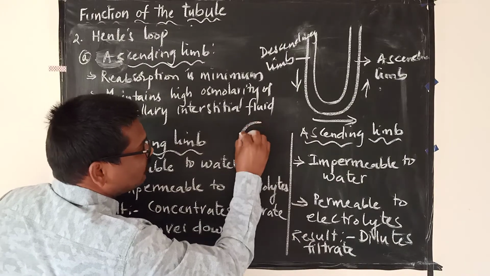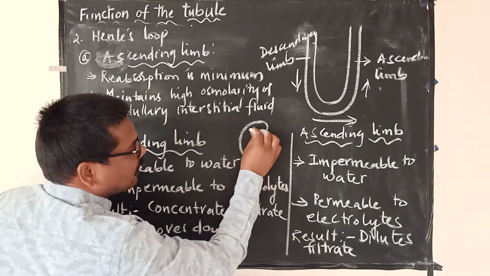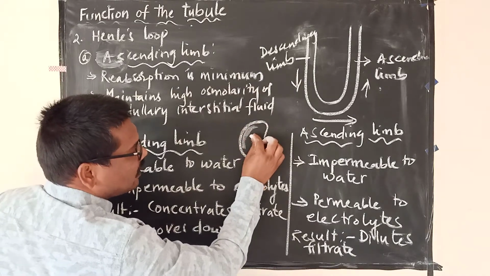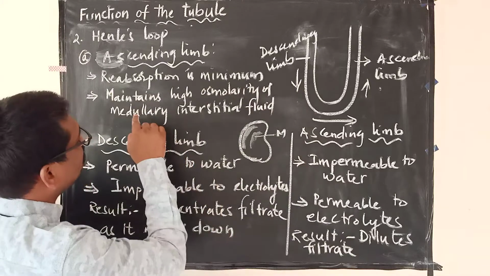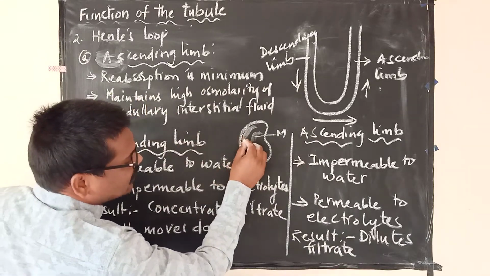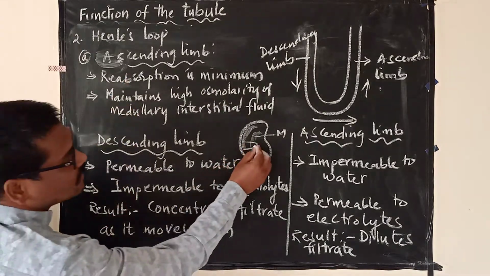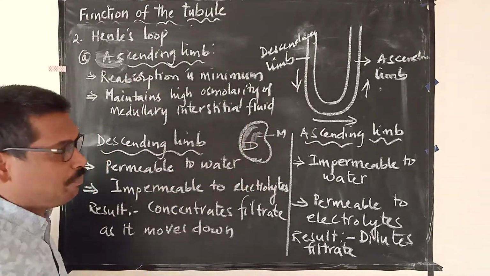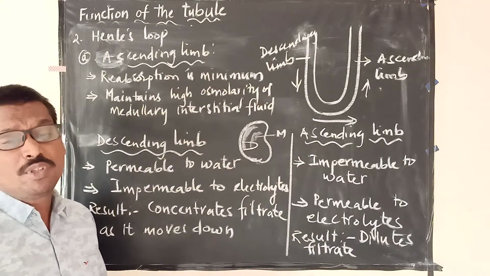High osmolarity of medullary interstitial fluid means on the outside of the nephron, in the medullary region. Suppose this is the kidney, this is the cortex, and here this part is the medulla. So the nephron has a U-shaped tube like this, and this is the ascending limb. Why is reabsorption minimum?